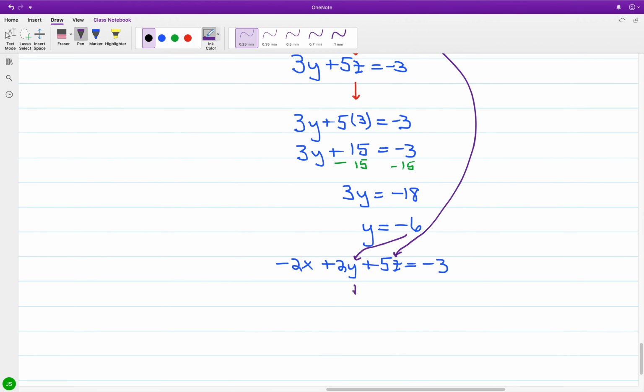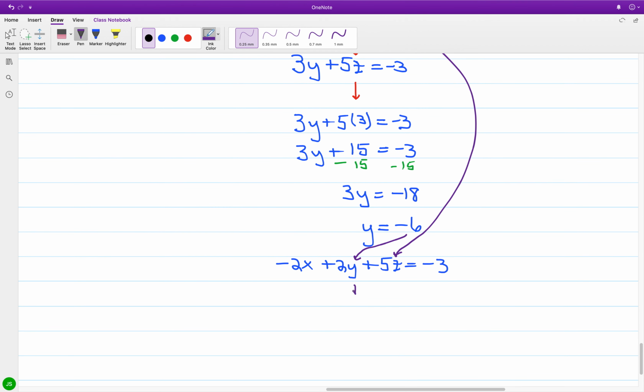Combining, you have negative 2x plus 3 is equal to negative 3. If I combine the constants together, we're going to have negative 2x is equal to negative 6. And with x, we have negative 6 divided by negative 2, so that will be a positive 3.